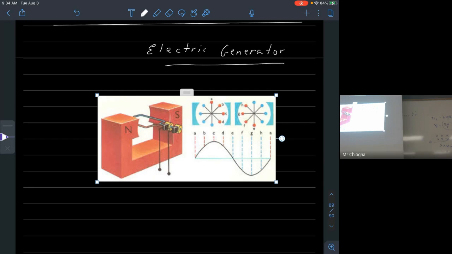Jake, you had a question? Yeah, if you look at your bike, could you generate electricity to power things in your house, like save it in a battery? If you had a rechargeable battery, you could set it up to the generator, which is generating current, and that would charge the rechargeable battery.